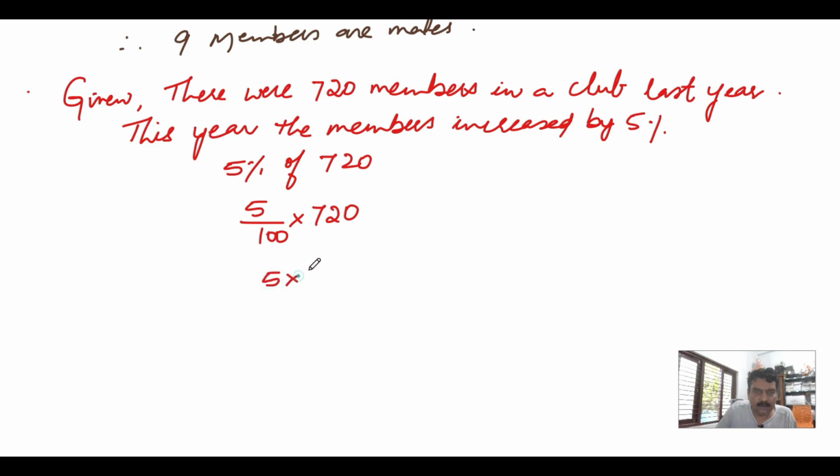So 5 into 720 by 100. This 0 gets cancelled, right? 2 5s are 10, 2 3s are 6, 2 6s are 12. And this 5 ones are cancelled. Then it becomes 36, right? So 36 members are increased.